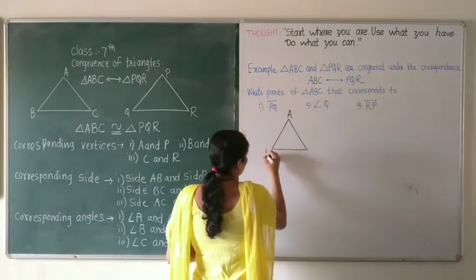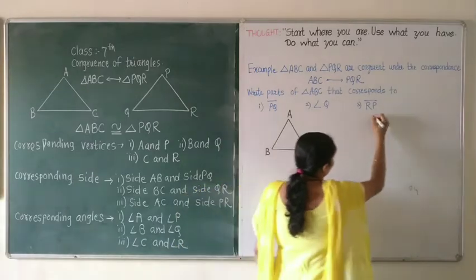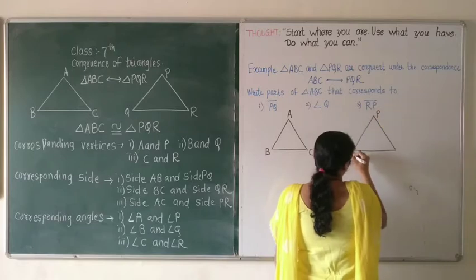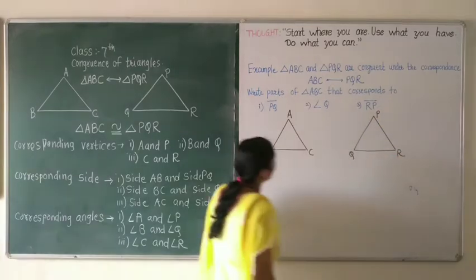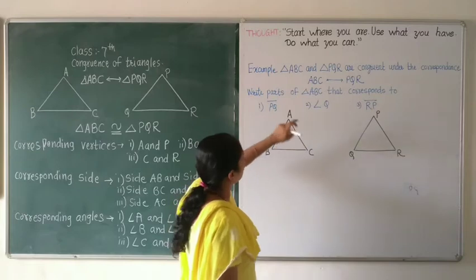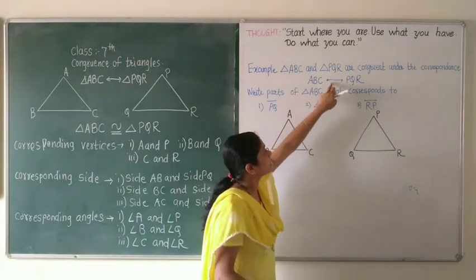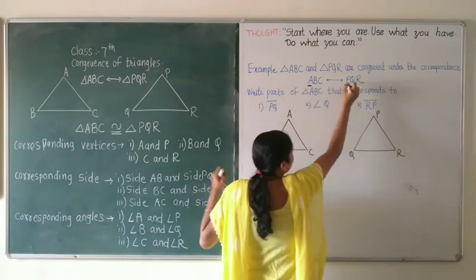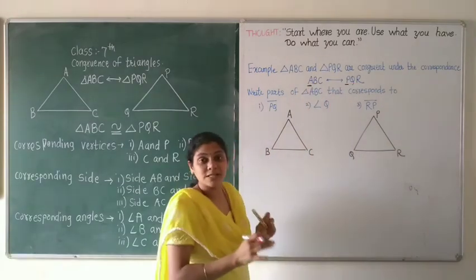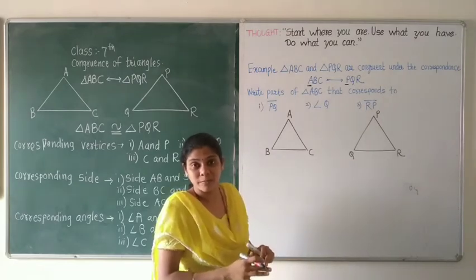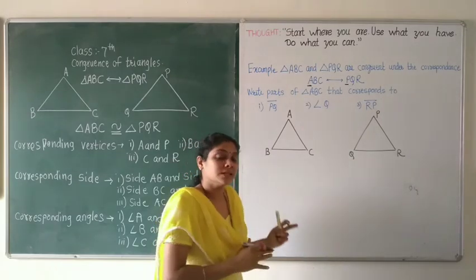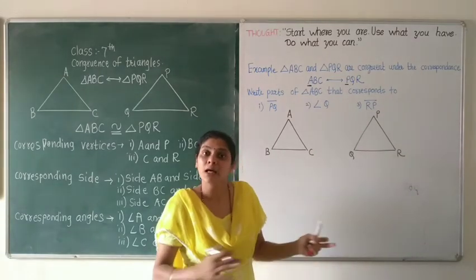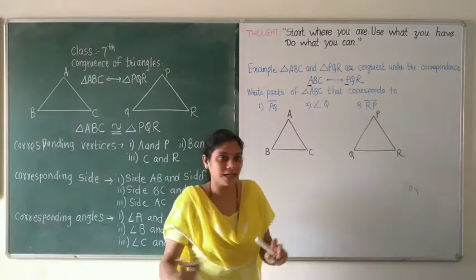A, B, C, and here P, Q, R. So I know that here they give us ABC corresponds to PQR. That means A corresponds to P. If I select the first place of the given name of the triangle, I will choose the first alphabet only of the other triangle while writing their corresponding sides, vertices and triangles.